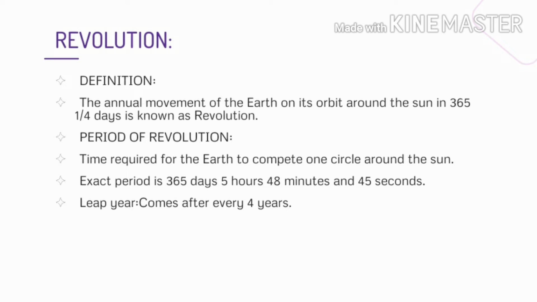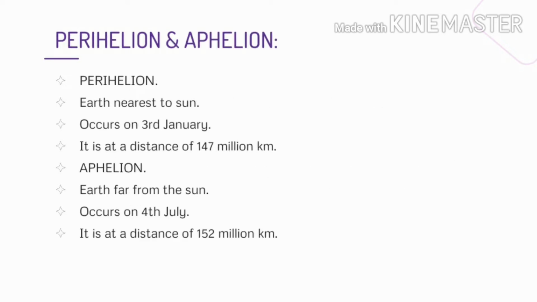The Earth is never equidistant from the Sun. Sometimes it is far away, sometimes it's closer. So what exactly is perihelion?